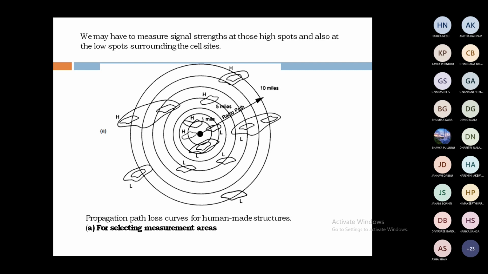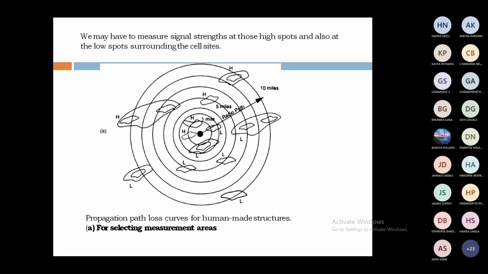Next, L is a low spot, that is, less signal strength in that area. We have to calculate up to 10 miles, on these three circles only: first mile, 5th mile, 10th mile, and note the H and L values. H means high spots, high signal strength; L means low spots, low signal strength.